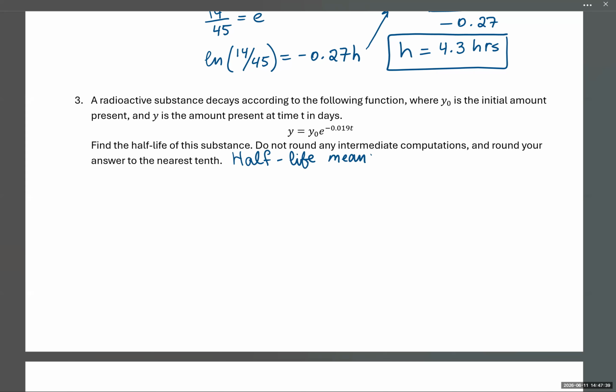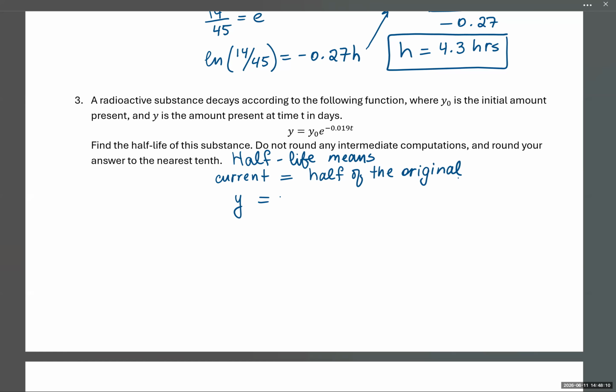Half-life means that when we are talking about the initial and the current amount, the current amount is the same as half of the original amount. Well, for us, the current amount is y. The original amount is y naught.